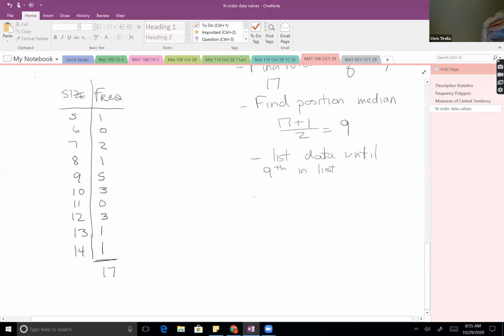So we could say, all right, I've got a 5, I've got 2 7s, I've got an 8, I've got 5 9s. And that's 1, 2, 3, 4, 5, 6, 7, 8, 9 numbers. And so this is the 9th number in the list. So we could say that the median is 9.